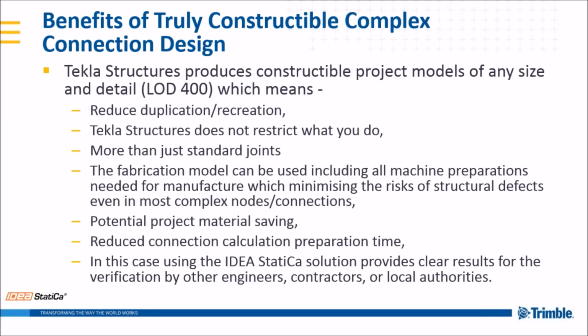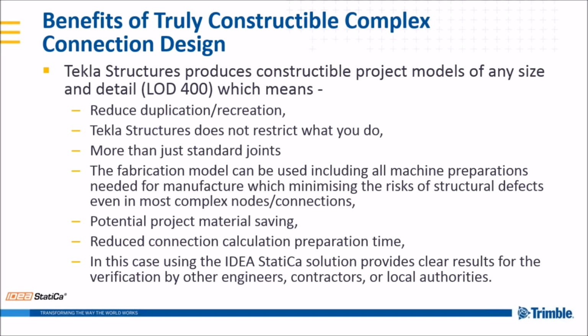It is really all down to the ability to produce the construction ready model with Tekla Structures regardless of project size. Level of development 400 is easily within our capabilities, giving you the opportunity to save time and reduce potential errors by not having to recreate the node in separate or different applications. There is clearly no software limitation, so no need to subdivide a large project or simplify the connection node into smaller components.